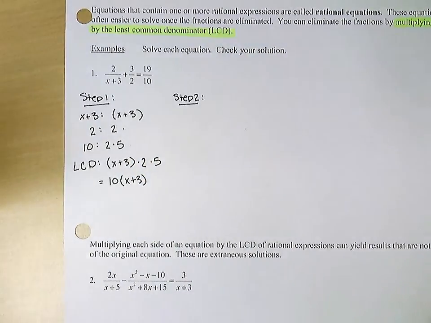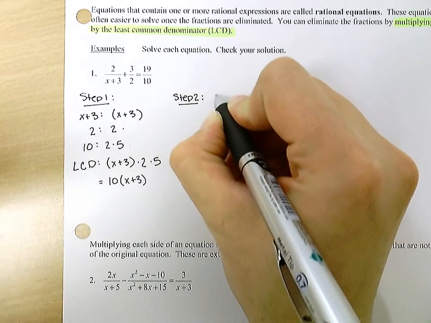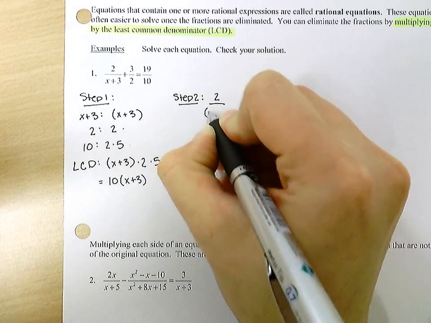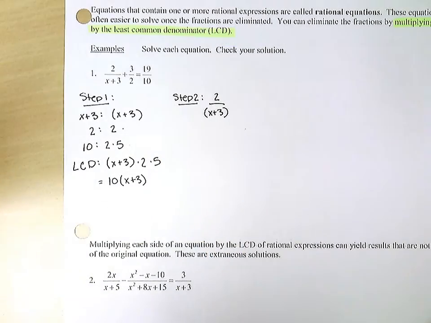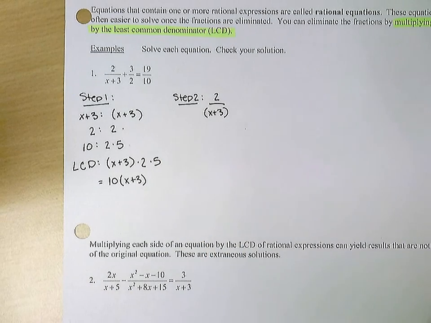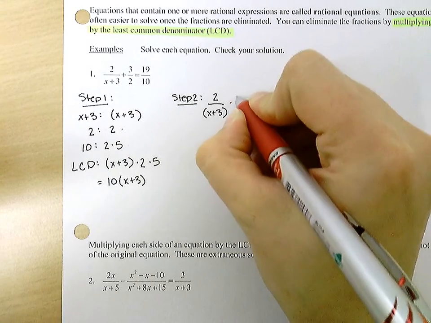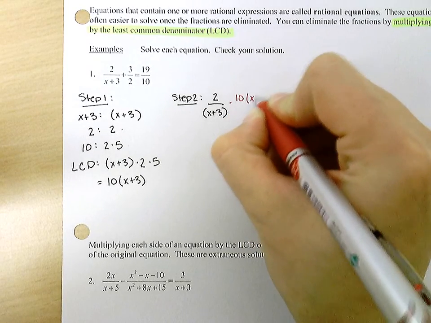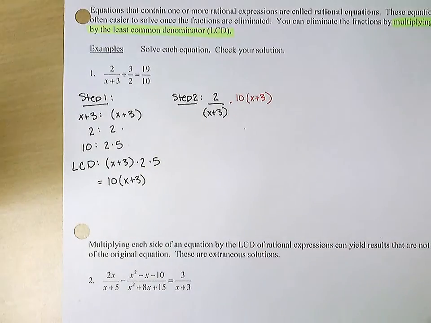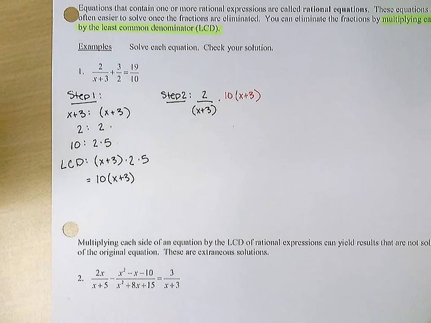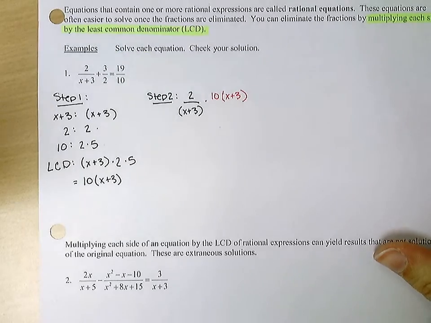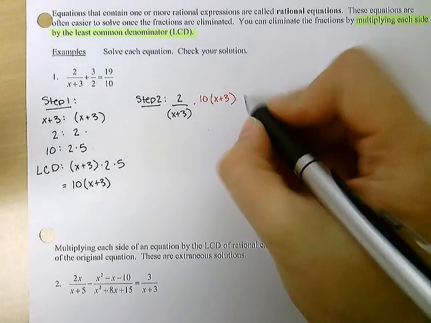Okay, so step 2 is to multiply each of those fractions by your least common denominator. So my first fraction is 2 over x plus 3. Okay, and I'm multiplying by my least common denominator, which is 10 times x plus 3. Okay, same thing with my second fraction.